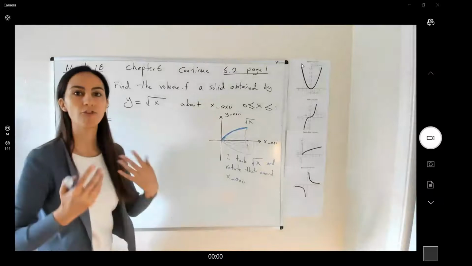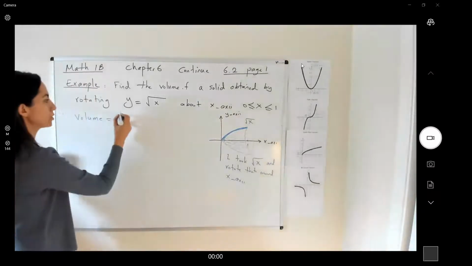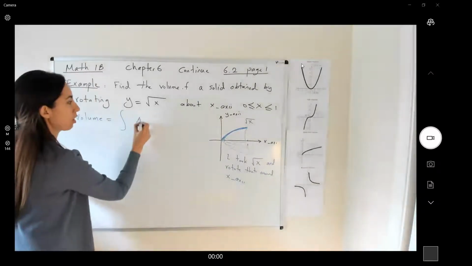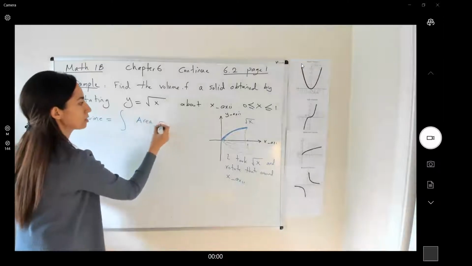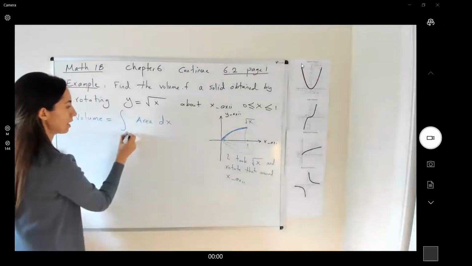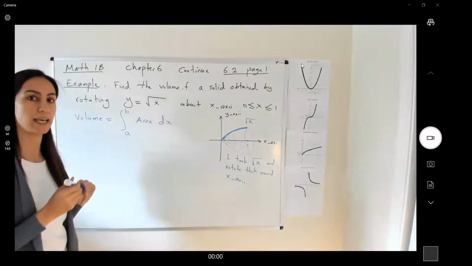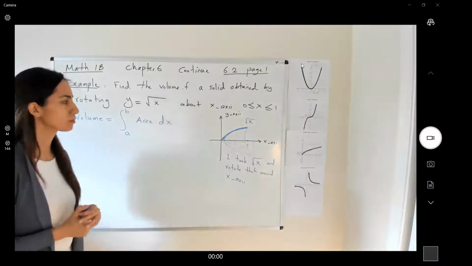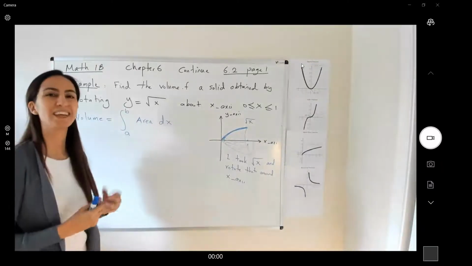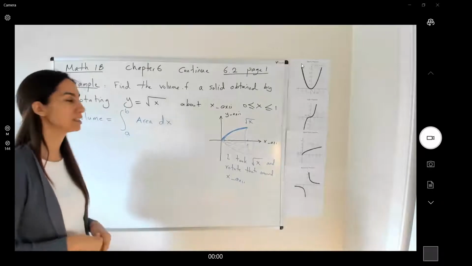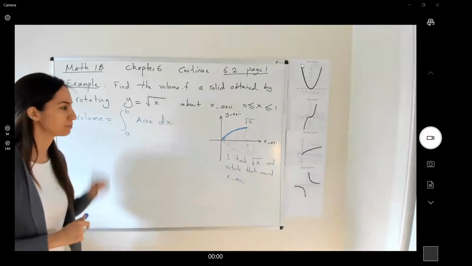So we know that the volume is equal to the integral of area times dx. X ranges between a to b. But what is the area? How do we find the area here?